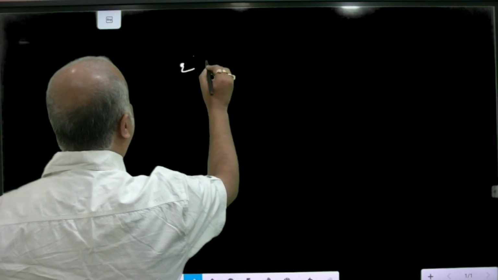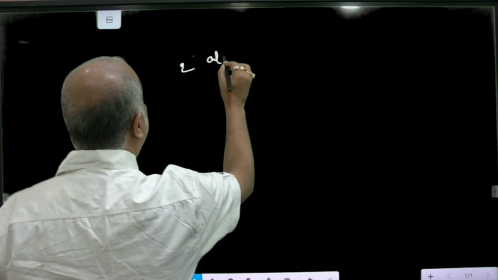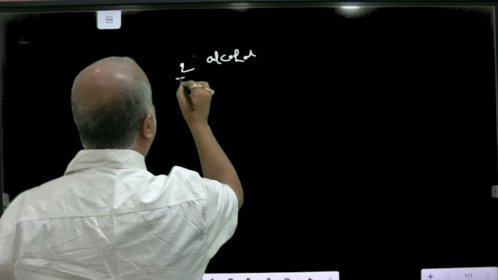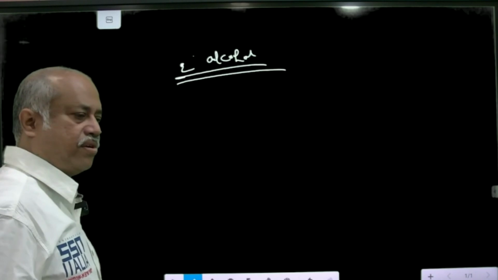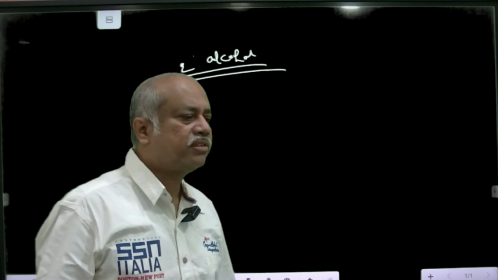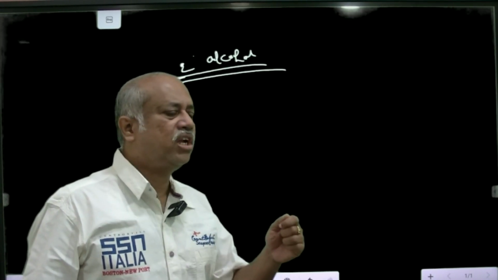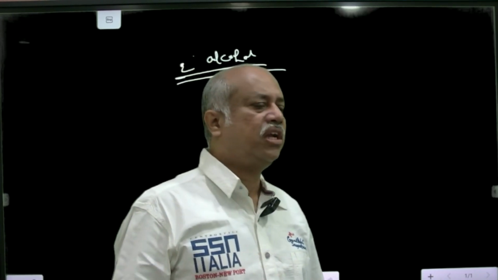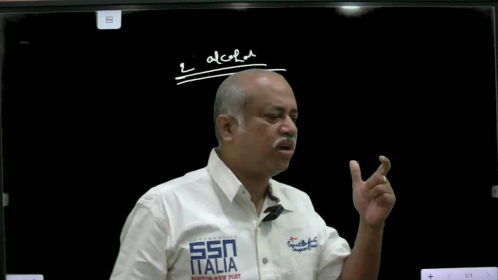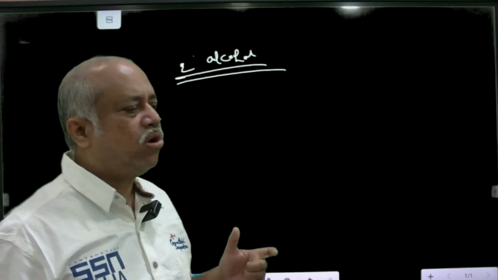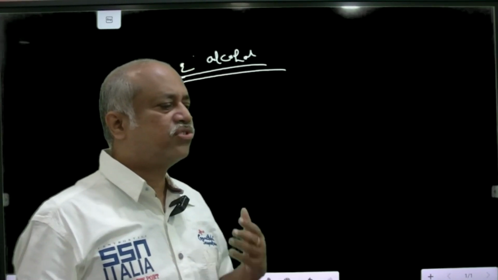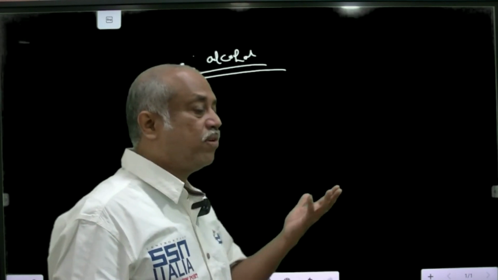Then secondary alcohol: the starting material is anything except formaldehyde. For primary alcohol, the starting material is formaldehyde. For secondary alcohol, the starting material is anything except formaldehyde.